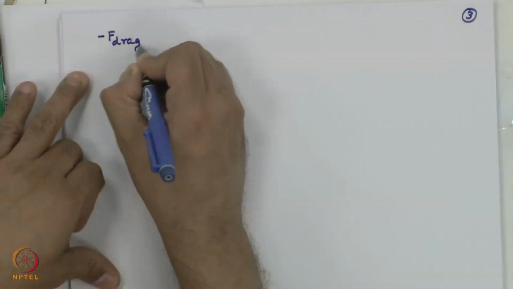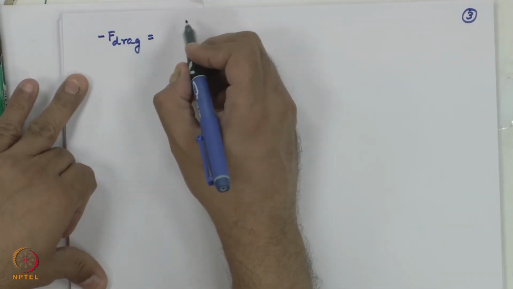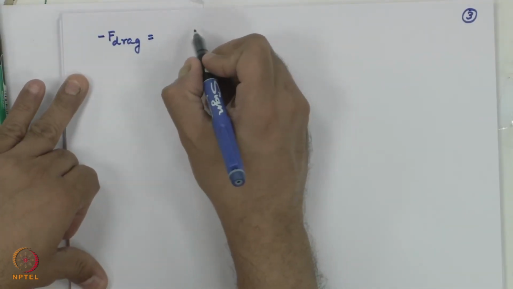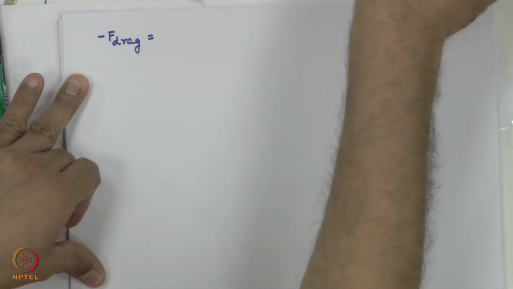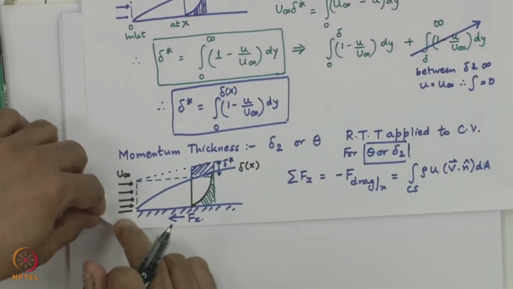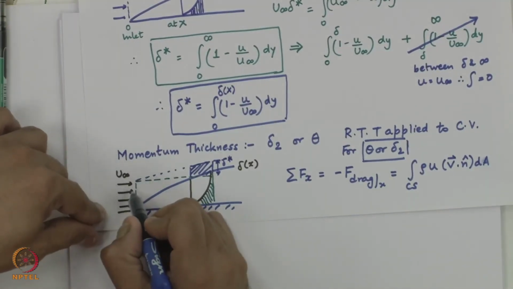So, what are we having? Minus F drag is equal to integration over the control surface, which is necessarily going to be mass flow rate times the velocity. What is the velocity here? Mass flow rate in the inlet, that is rho u infinity.